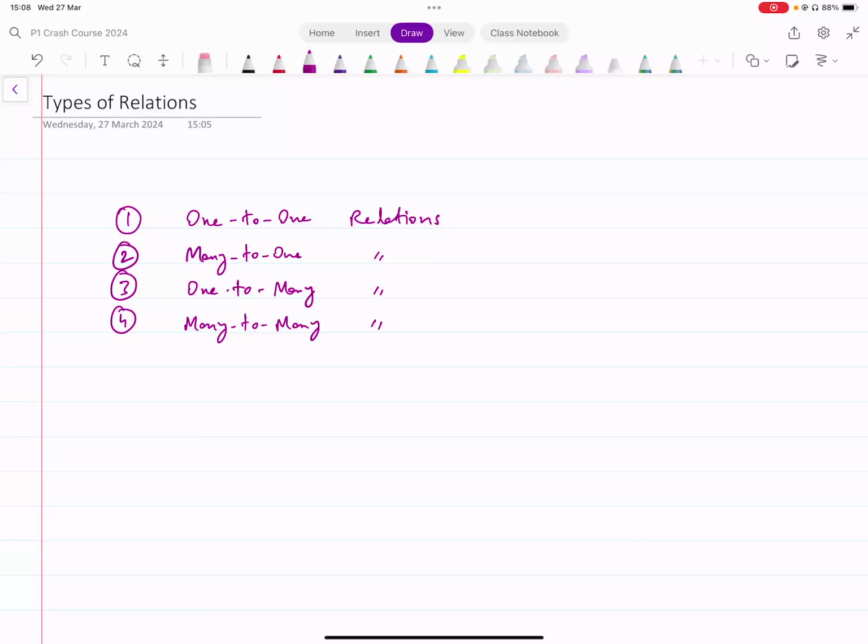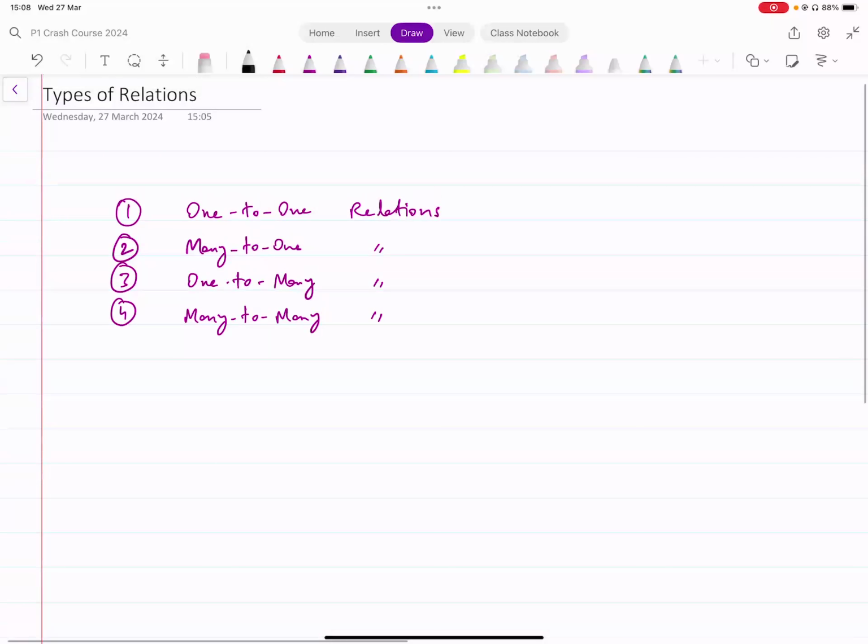Now, what does this mean? The first word that you see here, that basically refers to the input of the function. The first word refers to input of the function, and the second one refers to the output of the function.